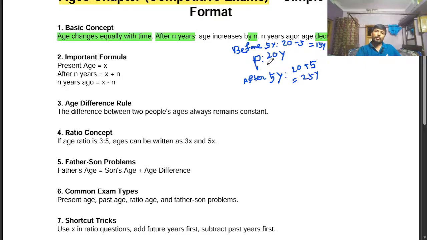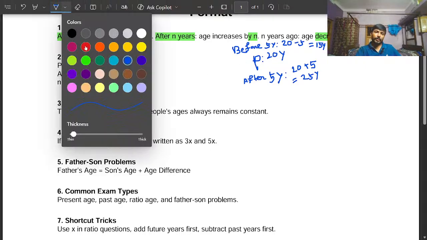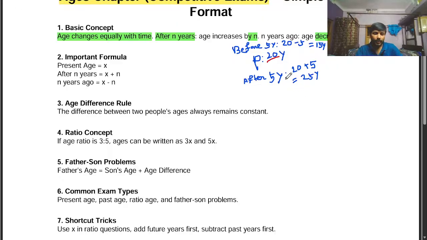If my present age is 20 years, before 5 years, what was my age? 20 minus 5, that is 15 years.